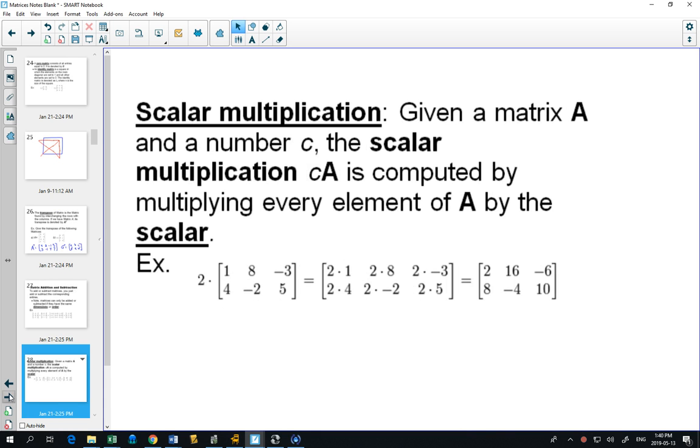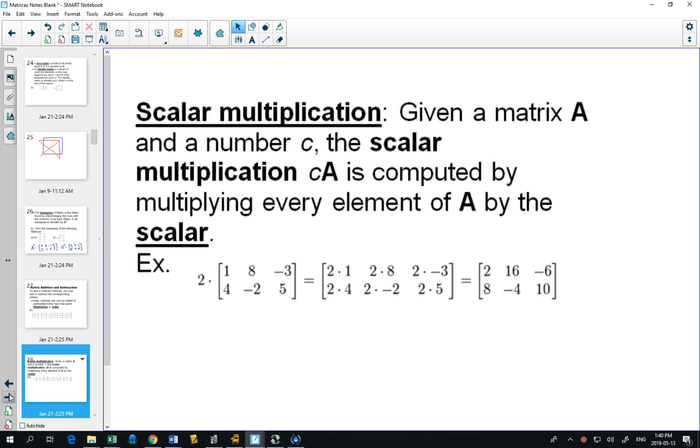We can also have scalar multiplication. You have some number in front of a matrix. Well, then that number multiplies every single element. It's sort of like it gets distributed to everything. So if I had 2 times this matrix, I could get my answer by multiplying each element by 2.